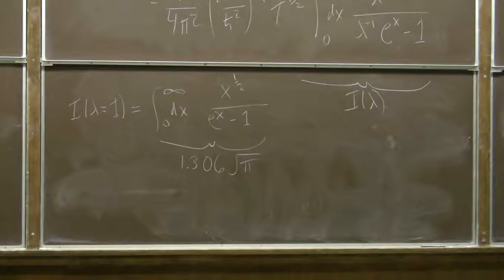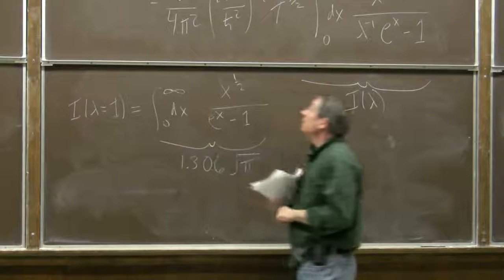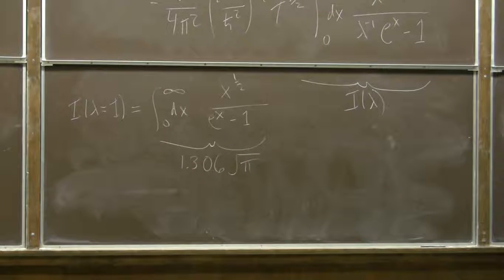And the reason I like that so much is because I would like to use our old friend, the quantum concentration, to express the number of particles in excited orbitals.